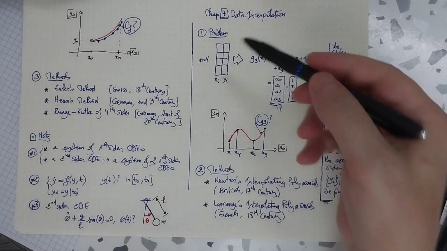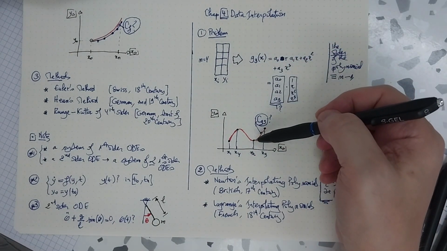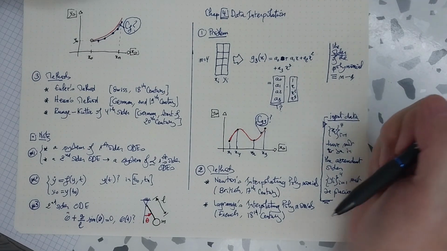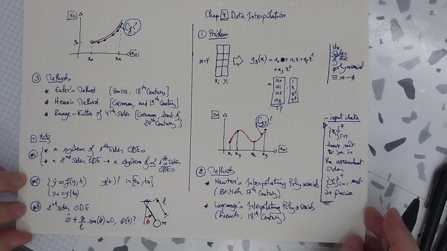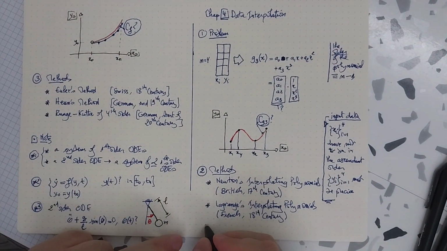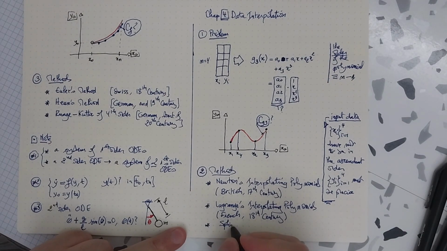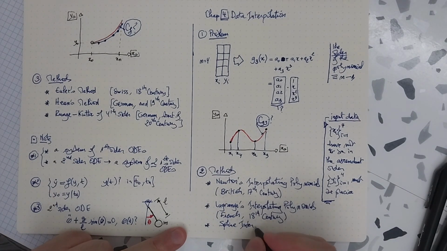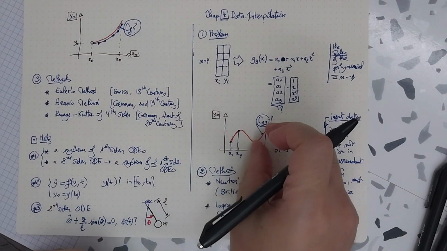But when the number of points is big, the method is no more accurate. So some people have devised another technique called spline interpolation. It is actually piecewise interpolating polynomials.